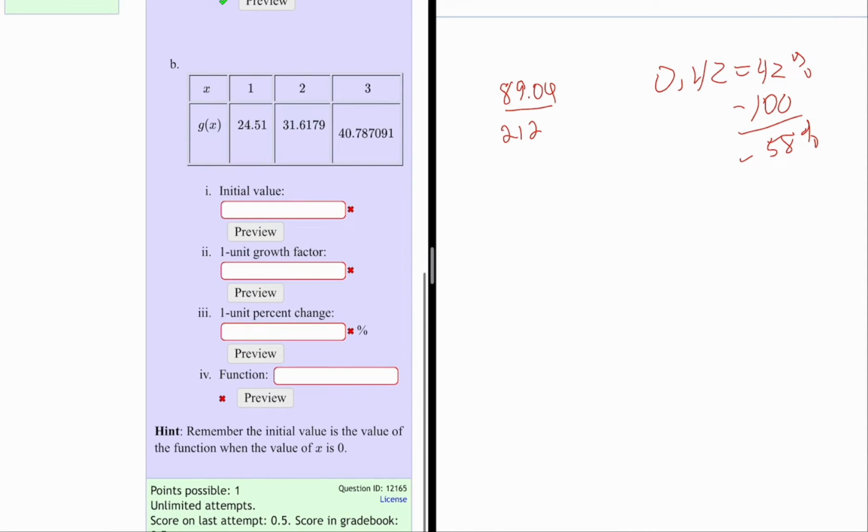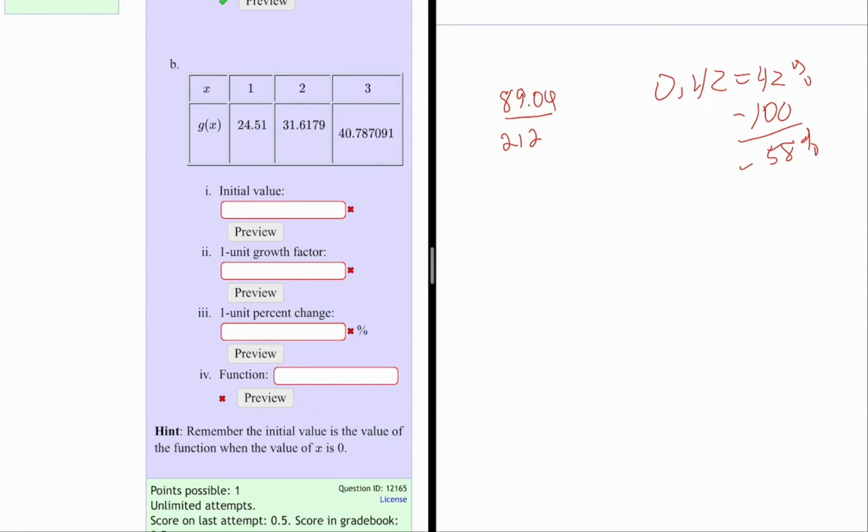Let's move on to part B. Now, in part B, I'm going to find the 1 unit growth factor, and then since I am 1 above the initial value, I have to go backwards one. Okay, so let's do part 2 first. So things that are 1 unit apart are 31.6179 and 24.51.